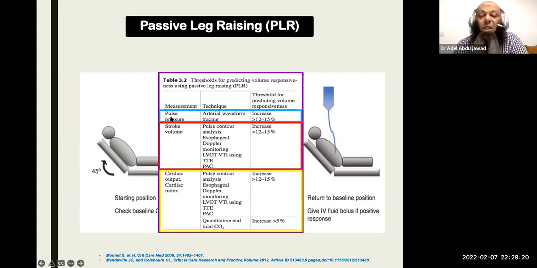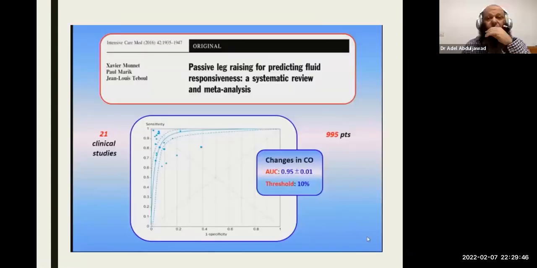And each of these tools has its own cutoff value, as I told you, a threshold for predicting fluid responsiveness. So you have to be aware of the threshold for predicting volume responsiveness after using the passive leg raise or PLR.